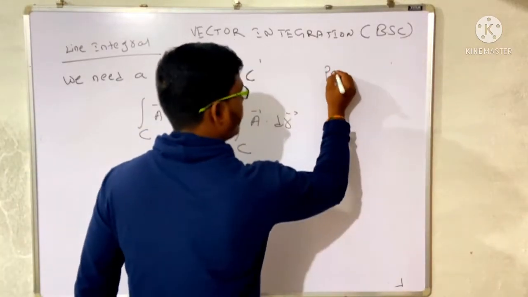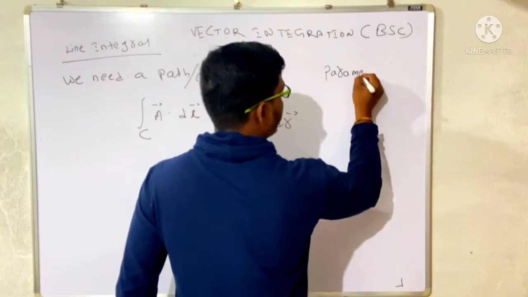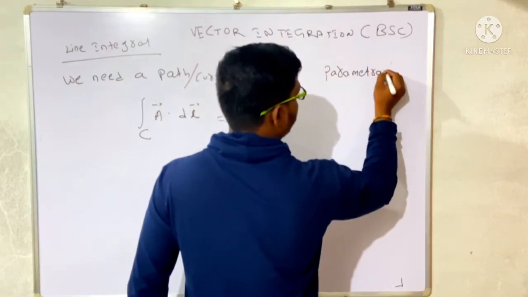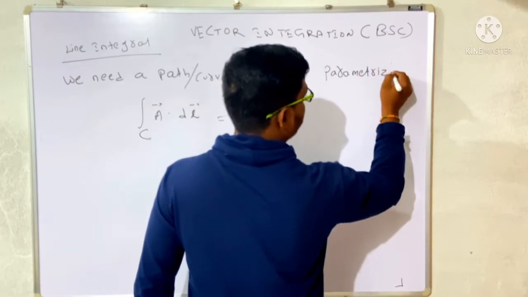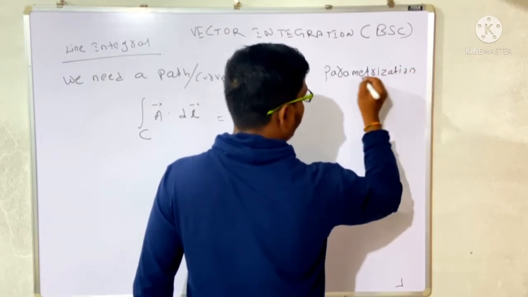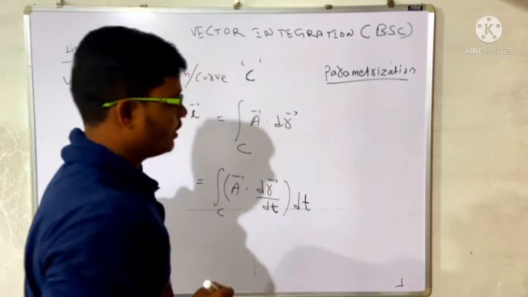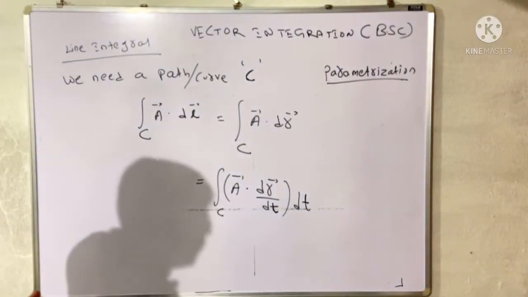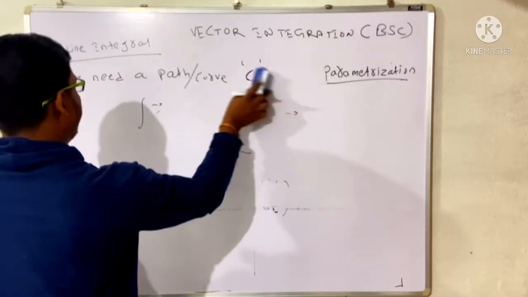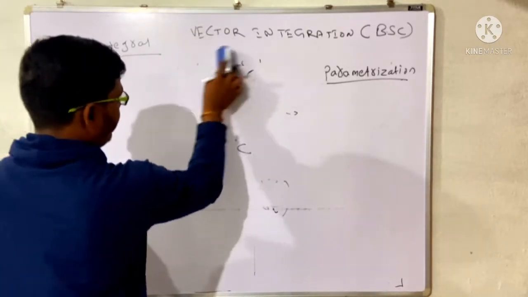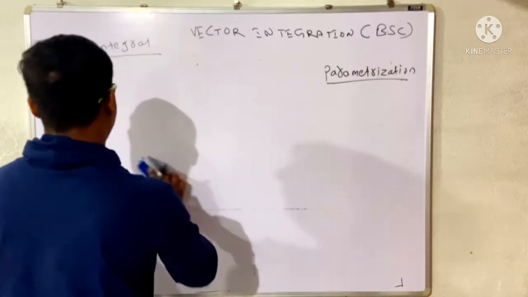This is another important point. Once we have the parameterization, we can calculate the line integral.